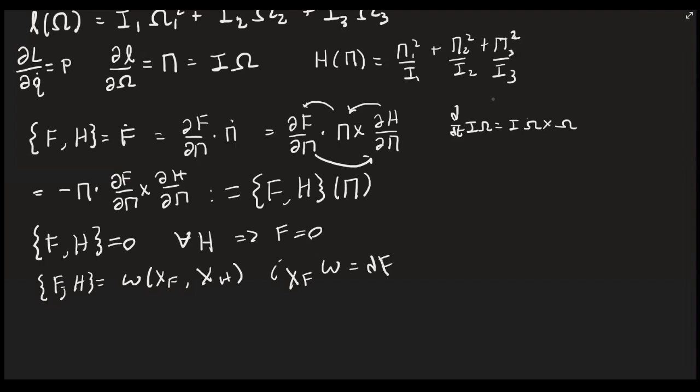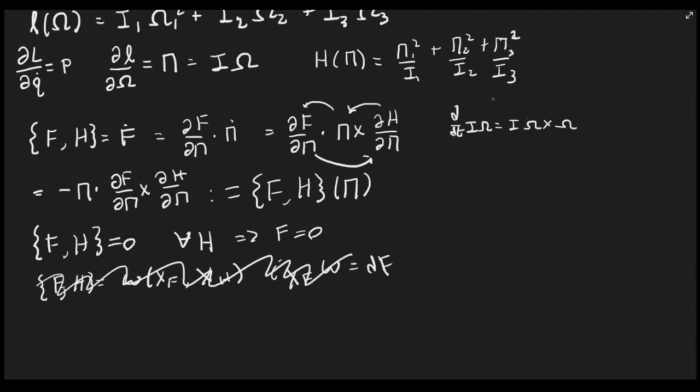This is just the definition of X_f, the Hamiltonian vector field corresponding to f, and the Poisson bracket satisfies this. You can talk about it being defined like this because the symplectic form is non-degenerate. The Poisson bracket is non-degenerate.